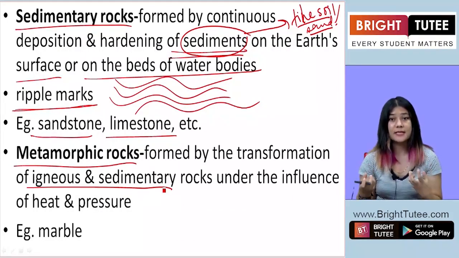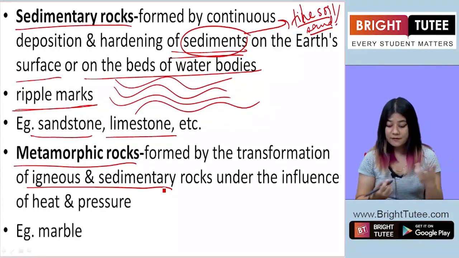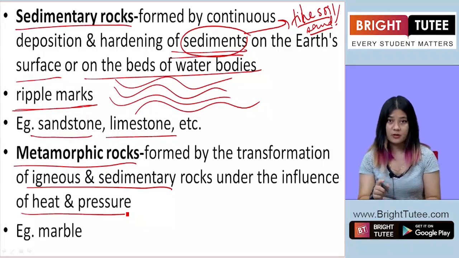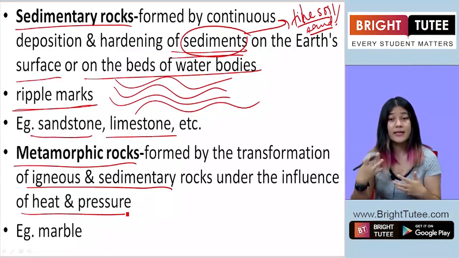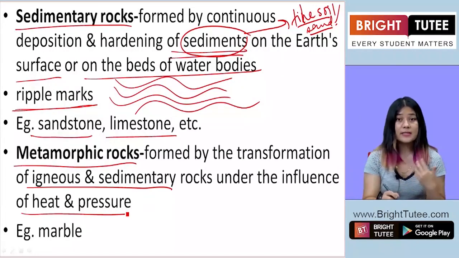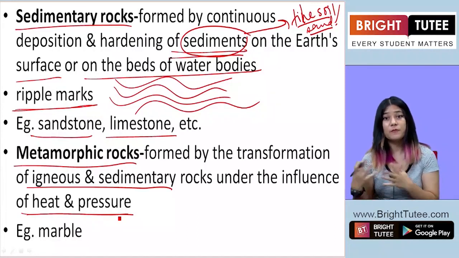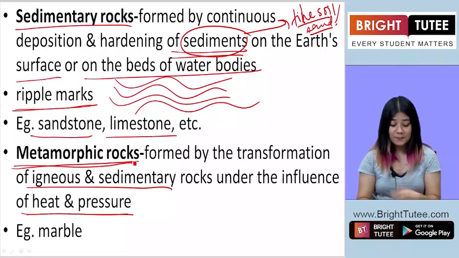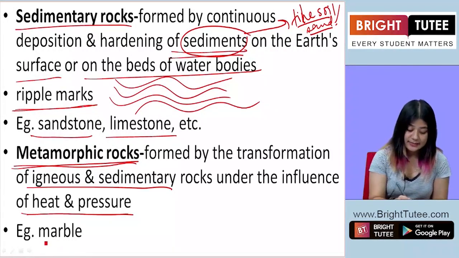When igneous and sedimentary rocks, two kinds of rocks which we have already studied, change their characteristics under the influence of heat or pressure, the rock that forms as a result is called metamorphic rock. A very common example of metamorphic rocks is marble.